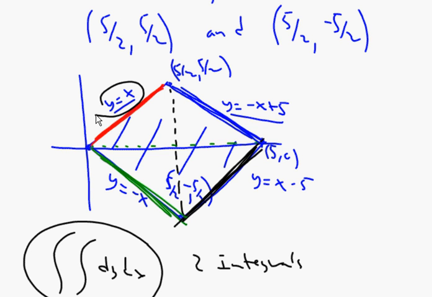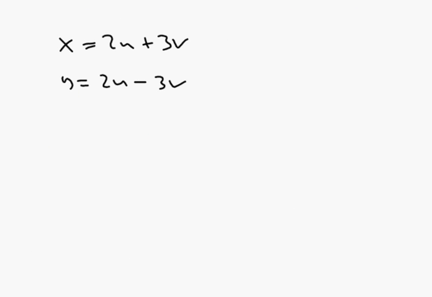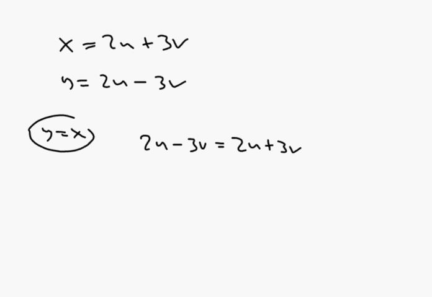Using y equals x and these transformations, you end up with 2u minus 3v equals 2u plus 3v, where 6v is 0, so v is 0. That's a much nicer bound.